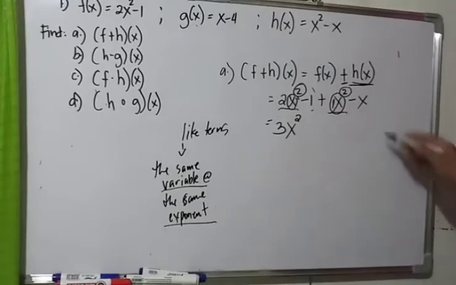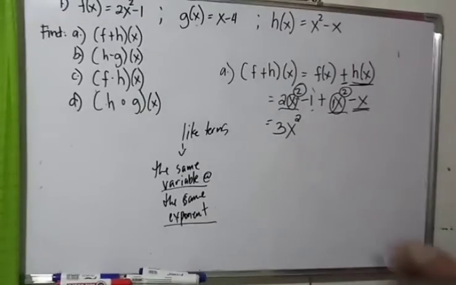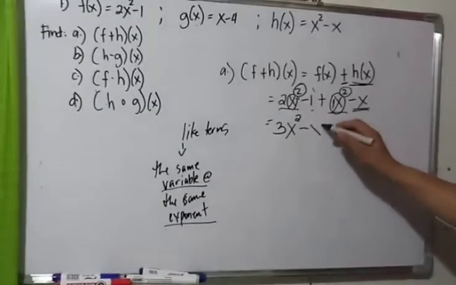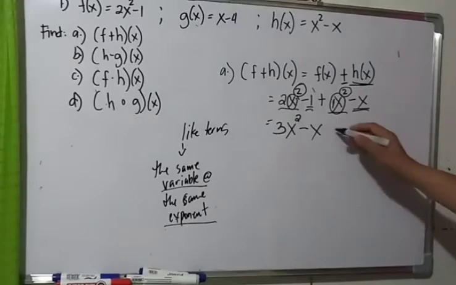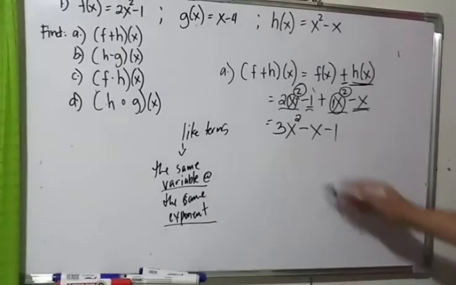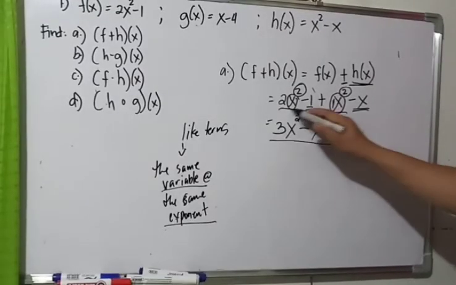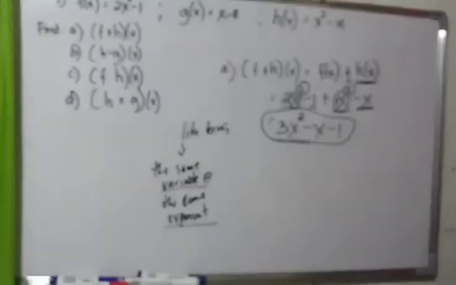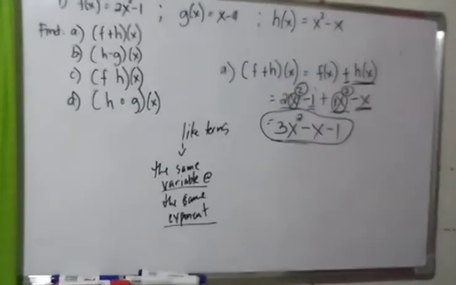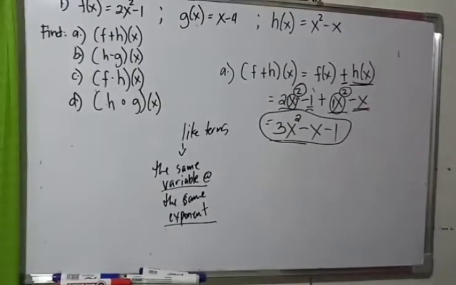Next, how about negative x? Meron bang like terms dyan? Wala, so just copy. So, negative x, then ang negative 1, wala ring like terms, so just copy. So, ito na yung final answer natin: 3x squared minus x minus 1. That is the final answer.